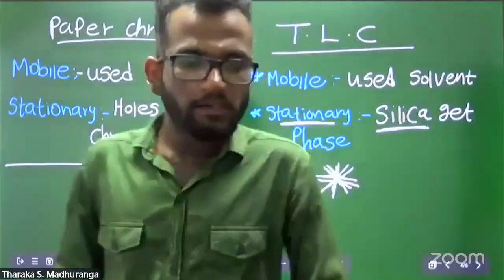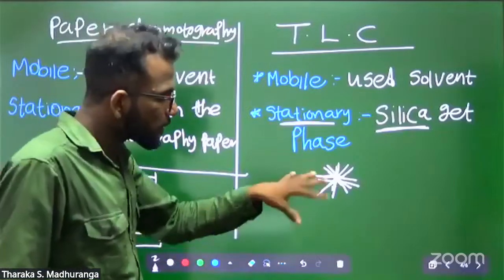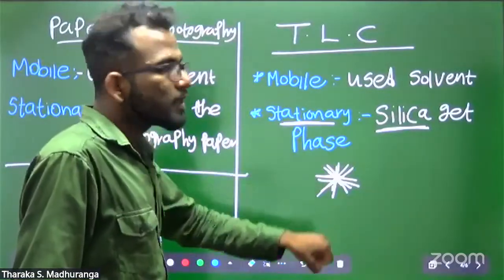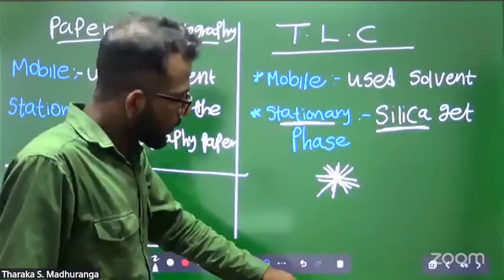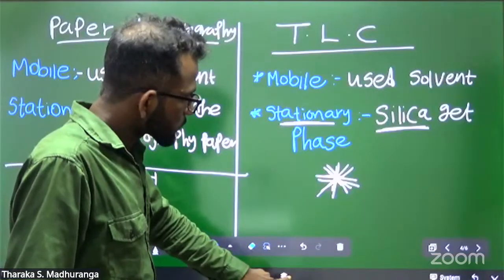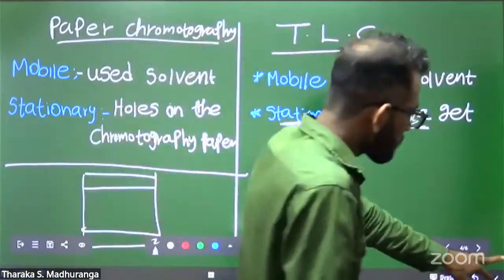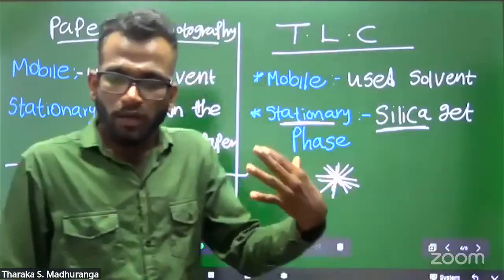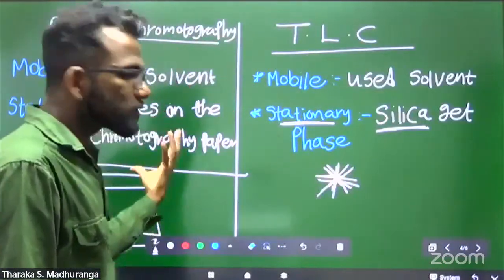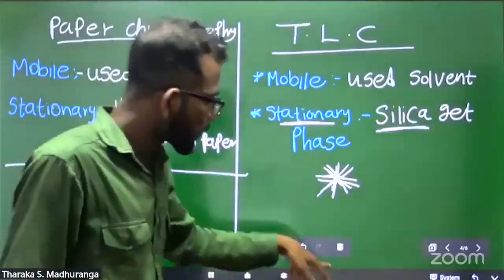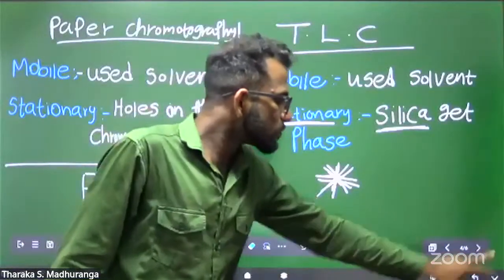Okay, that's the point. That's why thin layer chromatography is the recommended way in chromatography techniques. But if you can't do thin layer chromatography, you can use paper chromatography and you can identify. It's no issue.